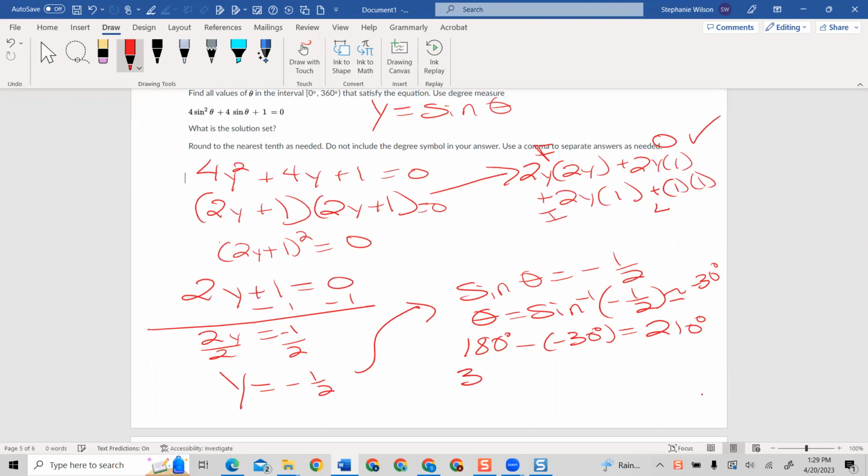And I'm going to say 360 degrees minus that 30 degrees, which we would have added the negative value of it, gives me 330 because we can't go above 360. It gave us an interval to stay within. So my answer is 210 degrees and 330 degrees.